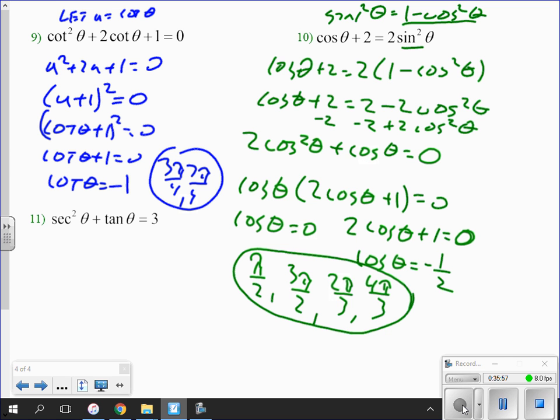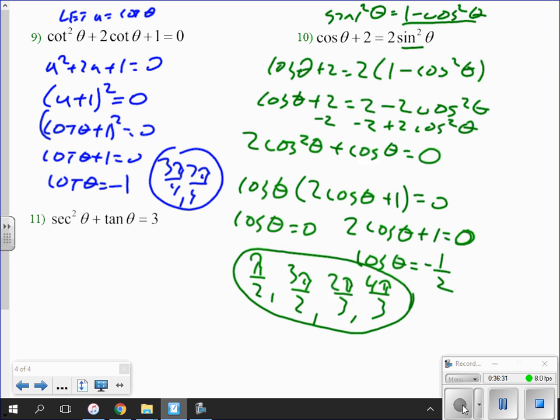If you go back and look at your Pythagorean identities, you have secant squared is equal to tangent squared plus 1. I could solve that for tangent and put that in, in terms of secant. But then I'm dealing with square roots, and nobody wants to deal with square roots. I have a secant squared equals something in terms of tangent. I can just get rid of the secant squared and have tangent only in one shot. Secant squared is equal to tangent squared plus 1.